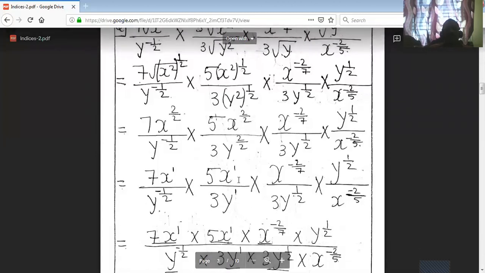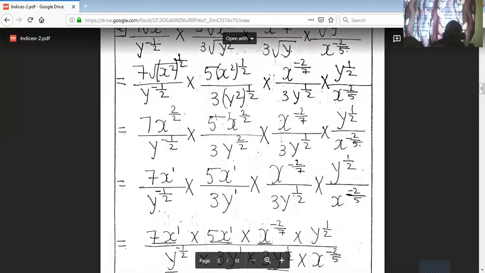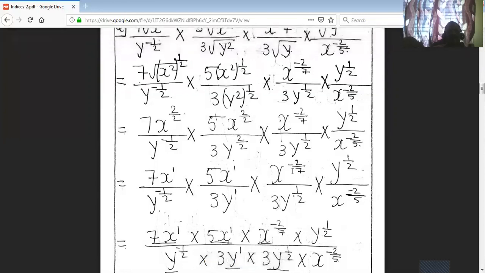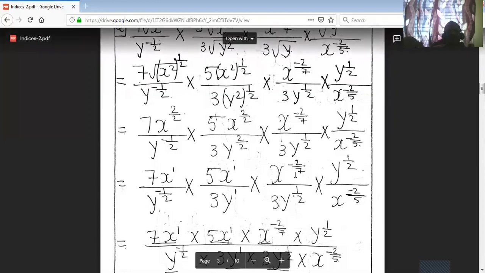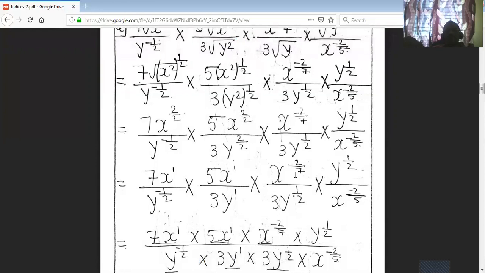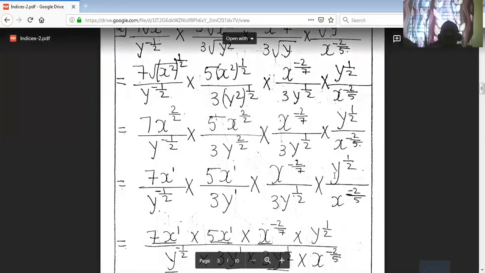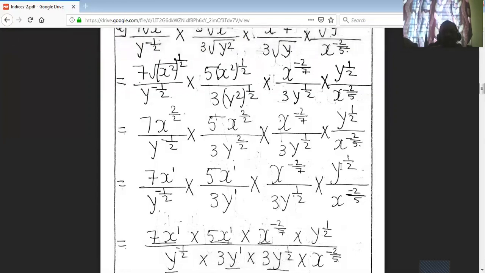Now in 7x and 5x, 2 by 2 is 1. Now x to the power of minus 2 by 7. And y to the power of 1 by 2, you can retain as it is, or you can move it downside, anything that you can do. But for the time being, I am placing this y to the power of 1 by 2 as it is.